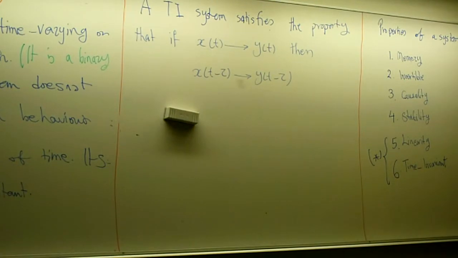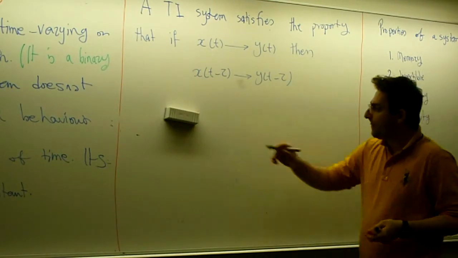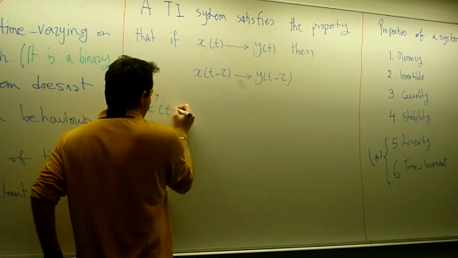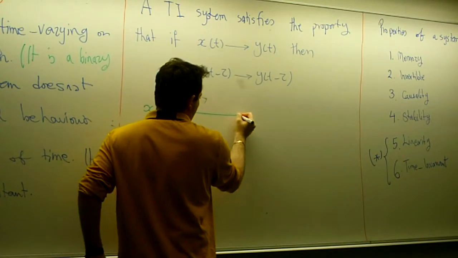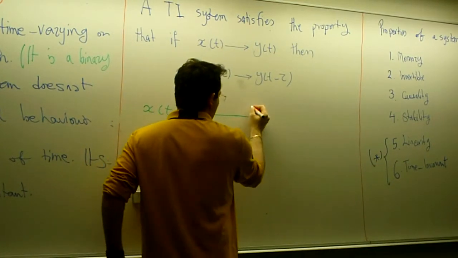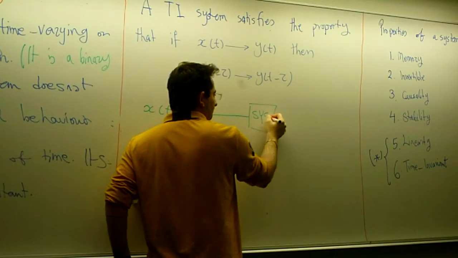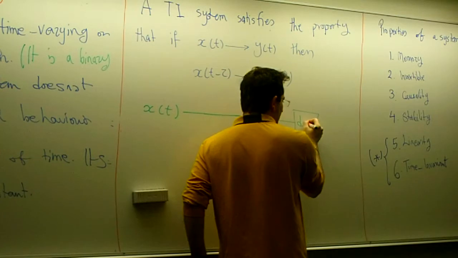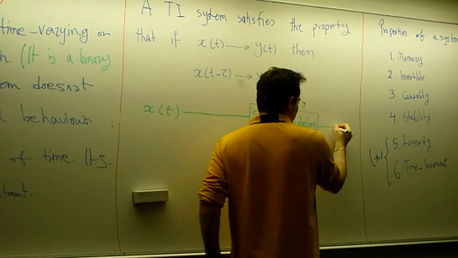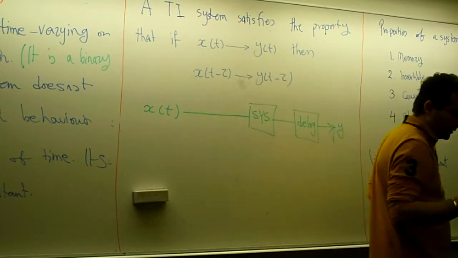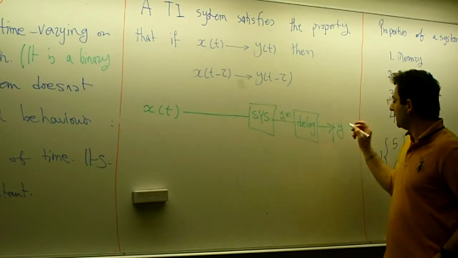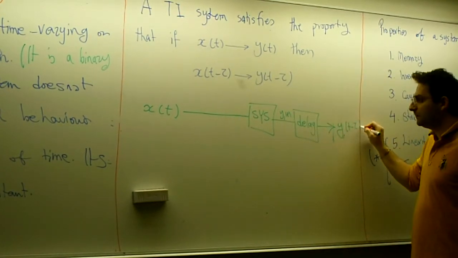In other words, we can say that we have the system and we have a delay. And if this is y1(t), we call the delayed one y1(t minus tau).